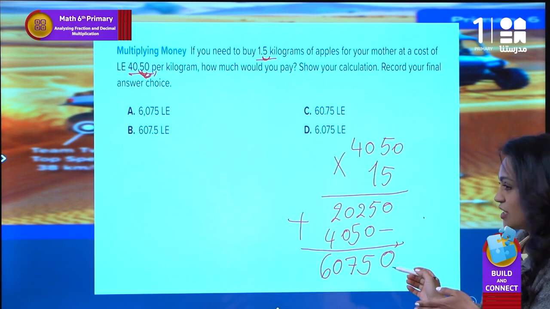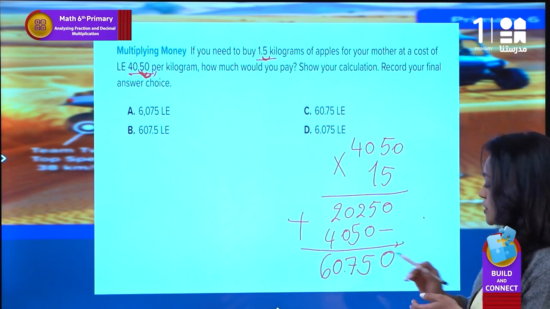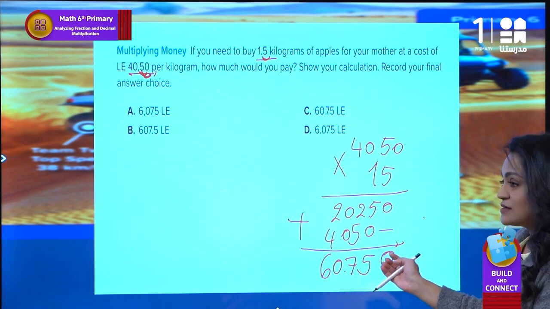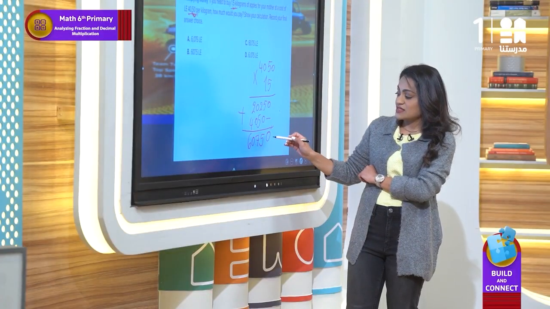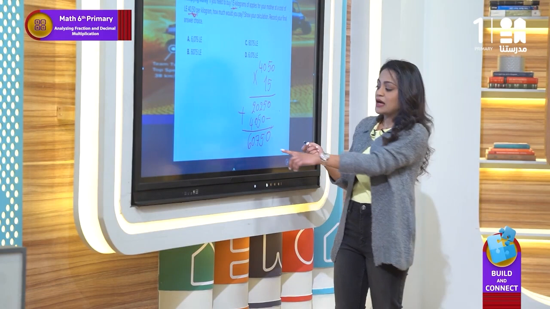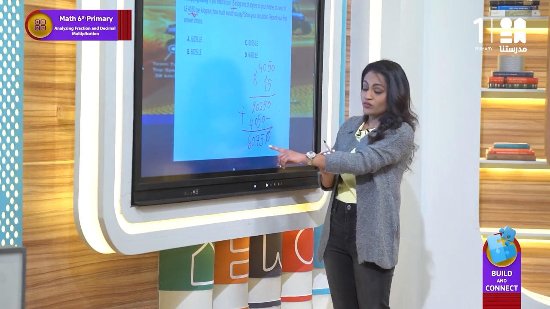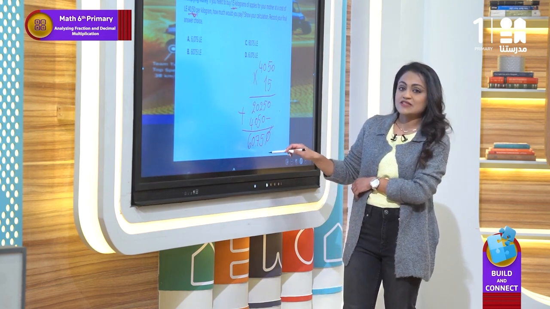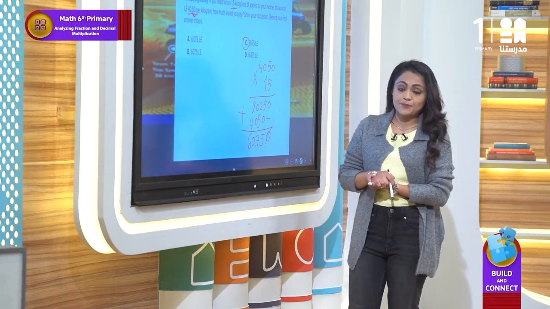Starting from the right, 1, 2, 3, and point. So it's 60.750, but the 0 at the end, does it give me any meaning if it's after the decimal point and at the end? It doesn't give me any meaning, right? So we can say that it's 60.75 or 60 and 75 hundredths.